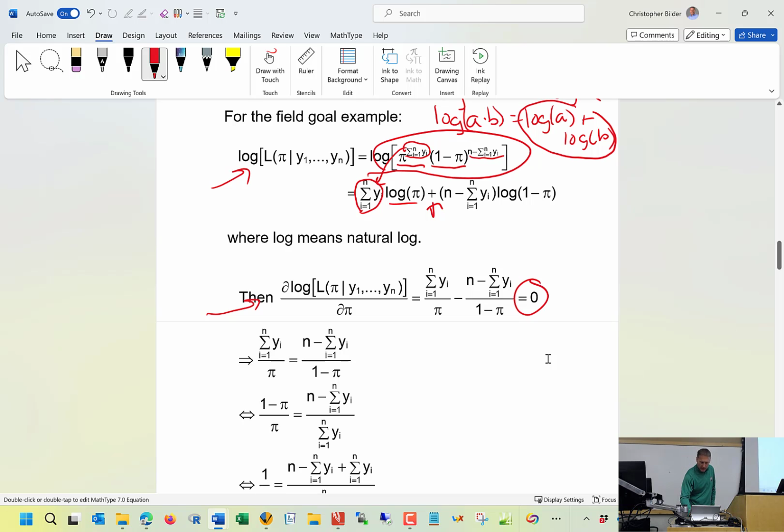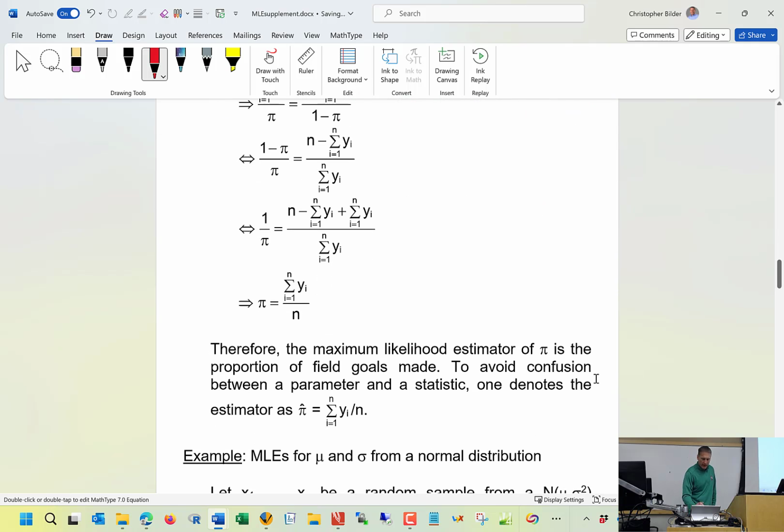I set this equal to 0, do a little bit of algebra, and here's my maximum likelihood estimator, the sum of the y's over n, which is essentially what we had before when we had 4 successes, 10 trials. This is just a more general representation.